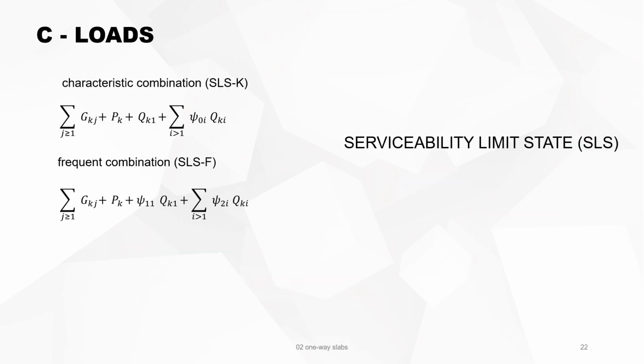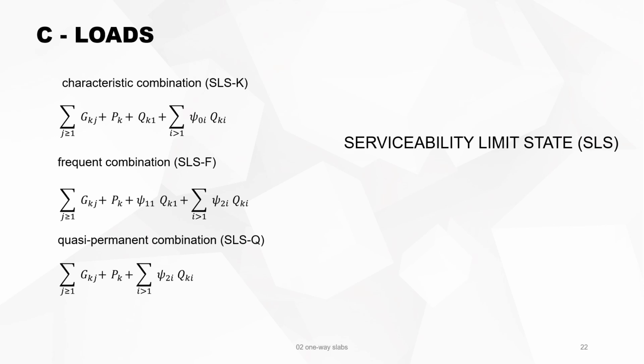And to be complete, for the serviceability limit state we also have this type of rules. And you see here the psi0, psi1, psi2, and you see the use of it. Psi0 is the combination factor for the simultaneity of two mobile loads acting at the same time.